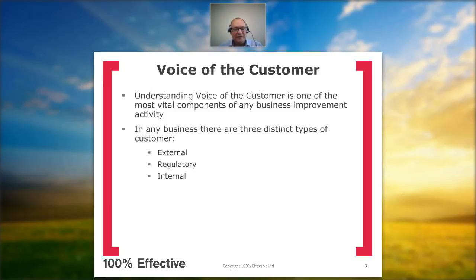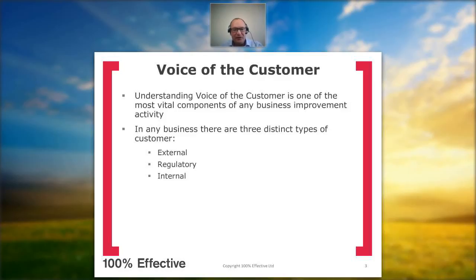Typically, we've got three different types of customers. We've got our normal end customer or user, the one we typically think about when we say the word customer. We've got regulatory type customers. These are the kind of people who are authorities, people who make us do things because we have to do these things to be in business. So it might be the FSA, it might be some regulatory body.